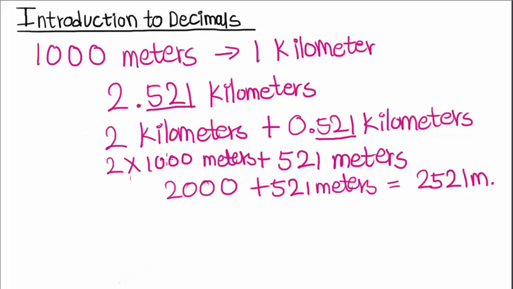Decimals are useful to represent portions of the whole, especially when that portion is in between two integers. In this case, the number 2.521 is bigger than the integer 2, but at the same time, 2.521 is smaller than the integer 3. So that is how you would use decimals, and that's the conceptual understanding of decimals.